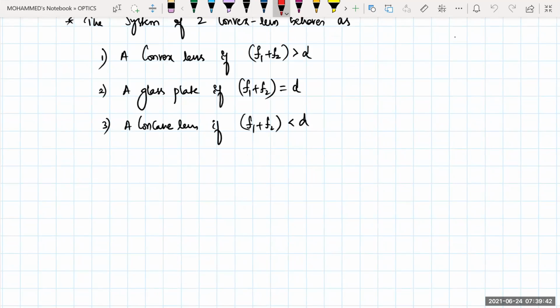Let me do one problem based on this. This is also a very important and regular question for NEET and medical entrance examinations.